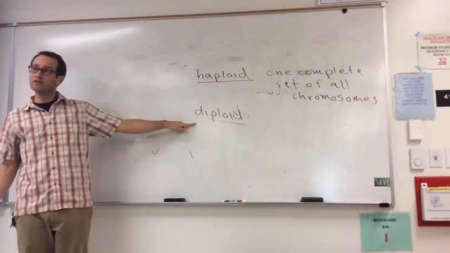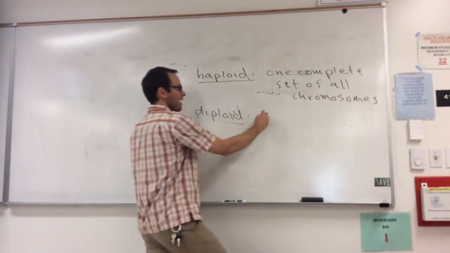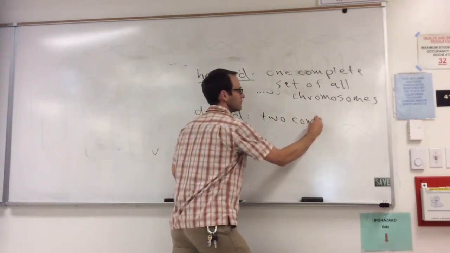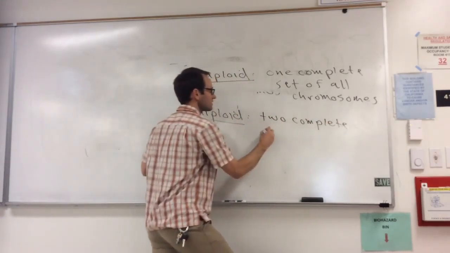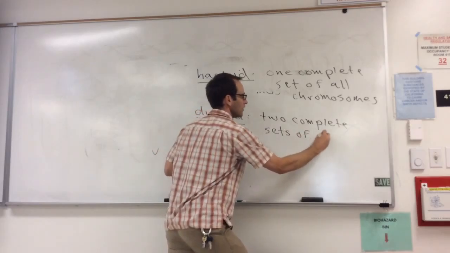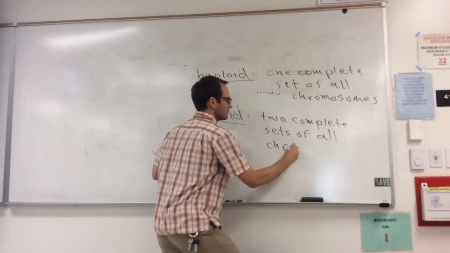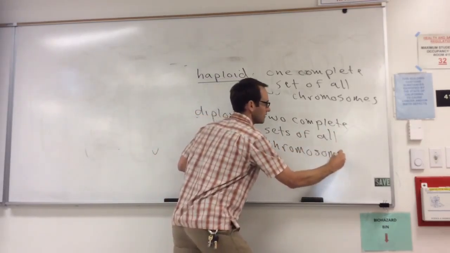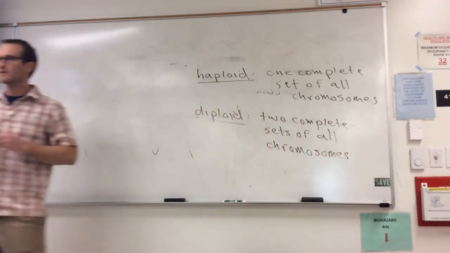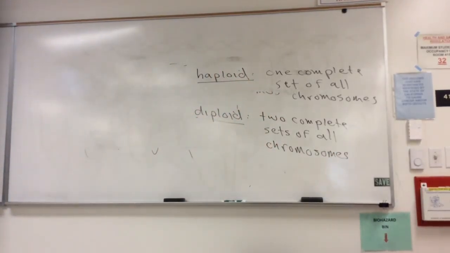The word diploid refers to the state where you have two complete sets of all the chromosomes.